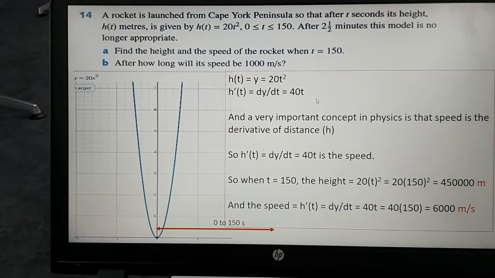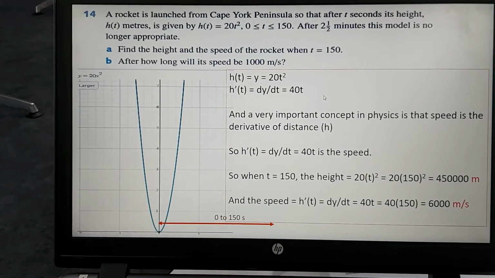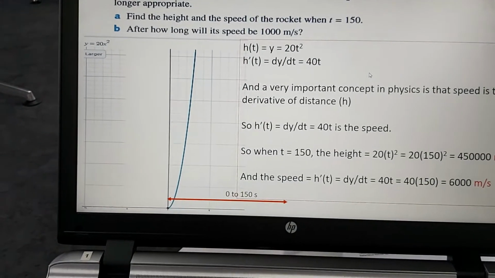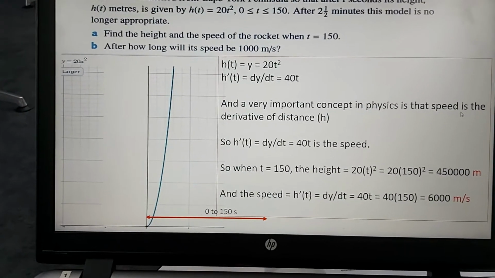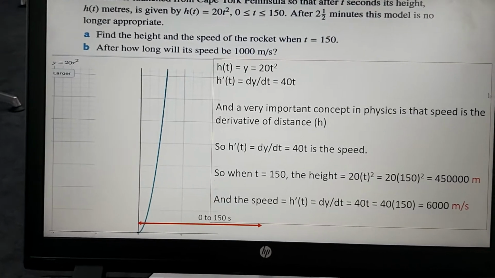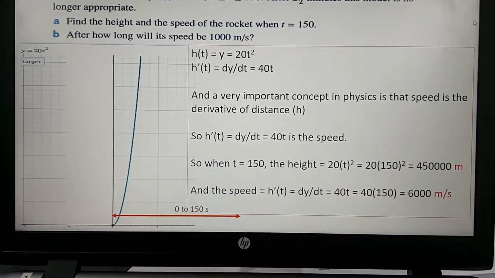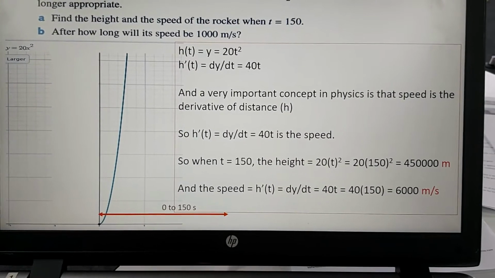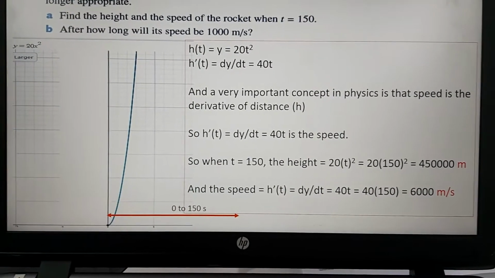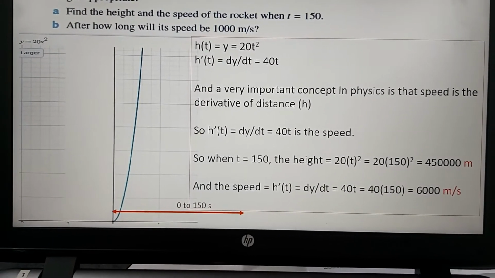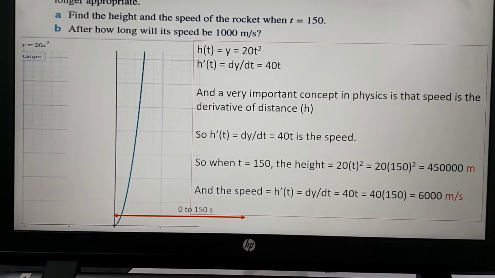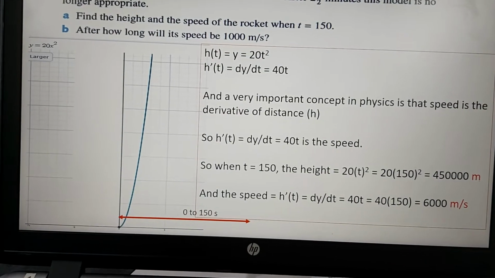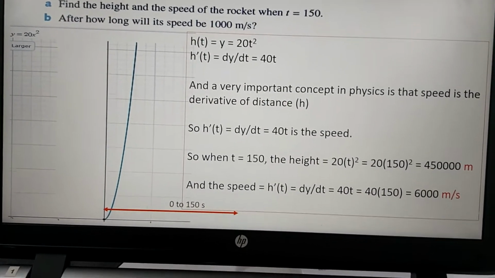exponentially. However, because time must be positive, this parabola only has t positive, so the negative part is covered. And a very important concept that you must know is that speed is the derivative of distance, which in other words means speed is the gradient of your distance-time graph.